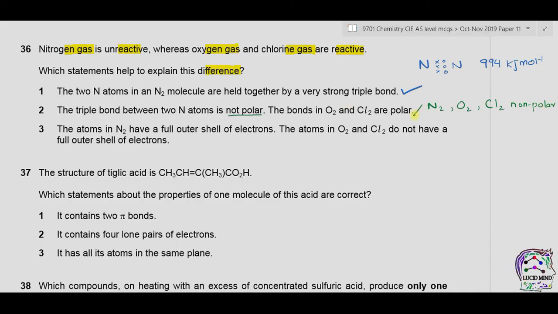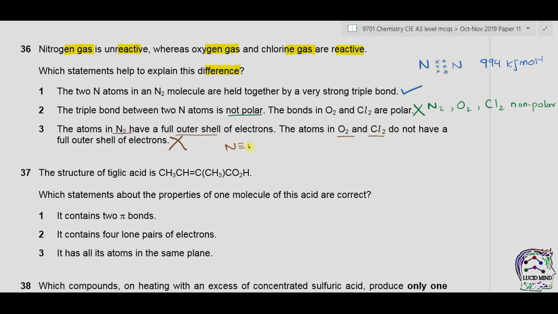So option 2 is incorrect. Option 3. The atoms in nitrogen have a full outer shell of electrons. The atoms in oxygen and chlorine do not have a full outer shell of electrons. This is also an incorrect statement because the octet in all nitrogen, oxygen and chlorine is complete.